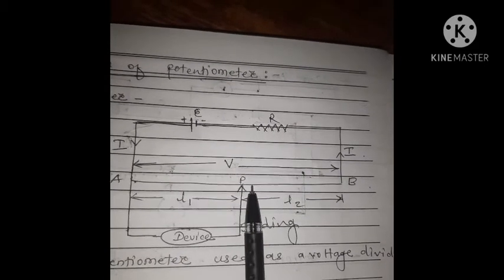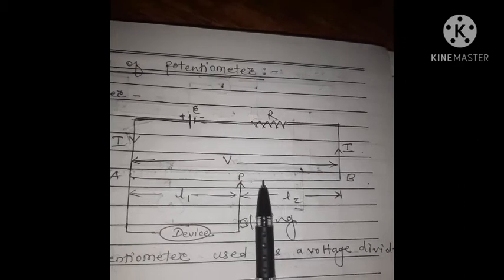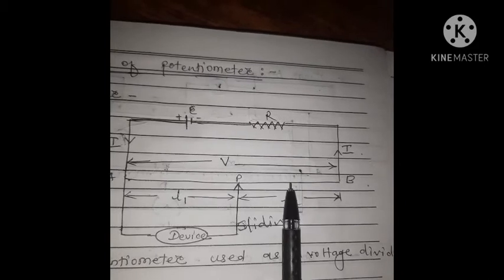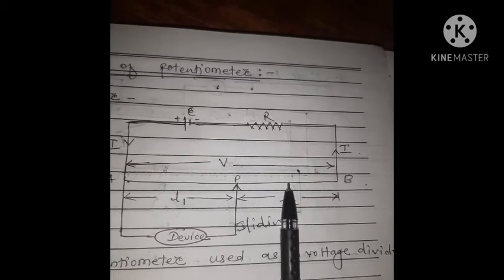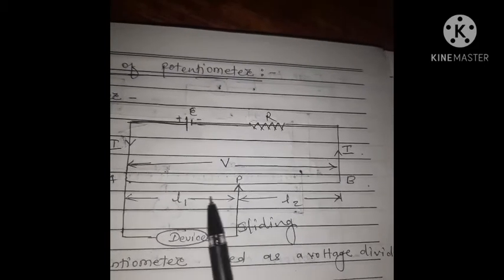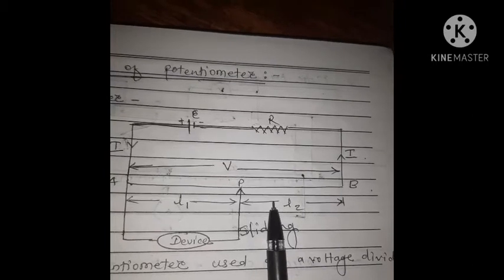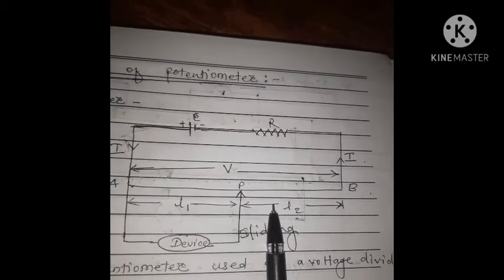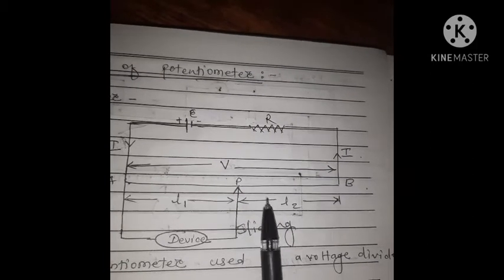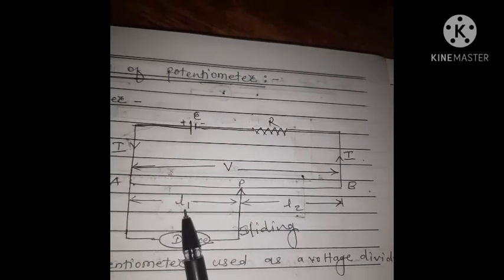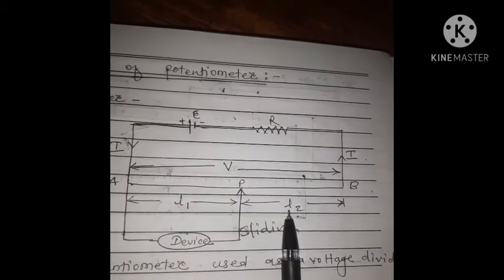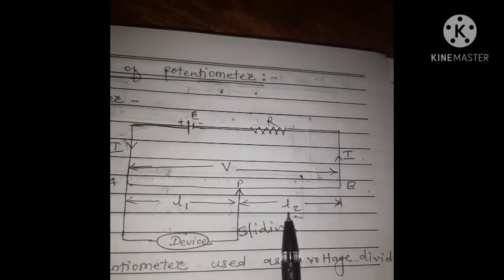By moving this pointer, the values of the lengths change. The values of length correspond to different values of potentials. Suppose for L1 the voltage is V1 and for L2 the voltage is V2.